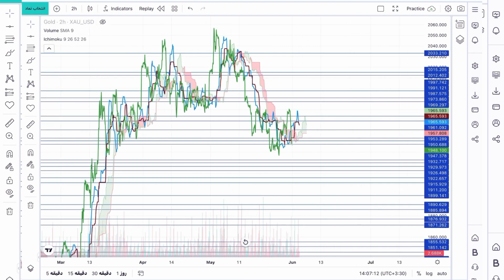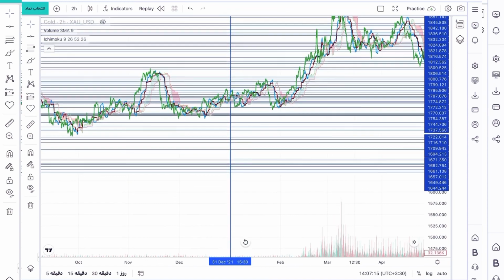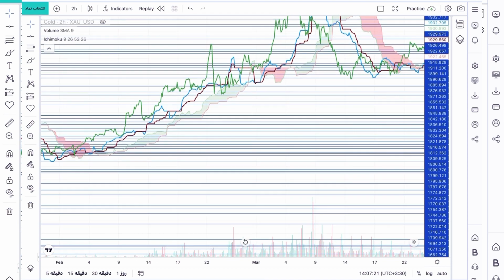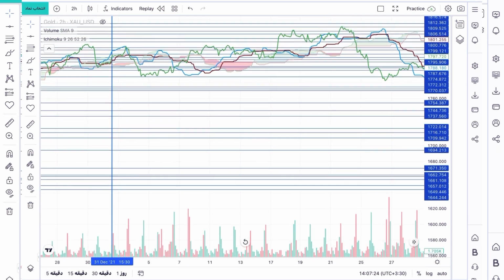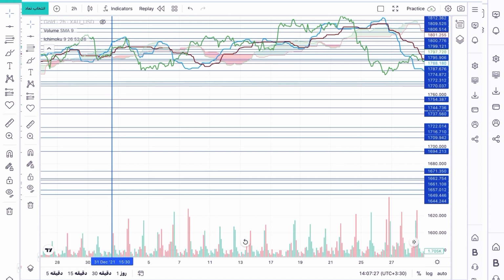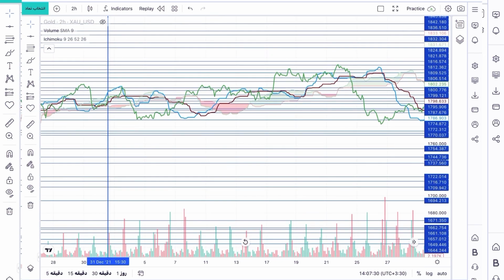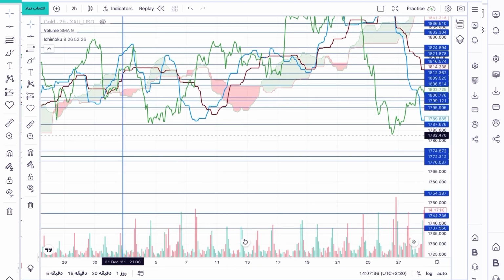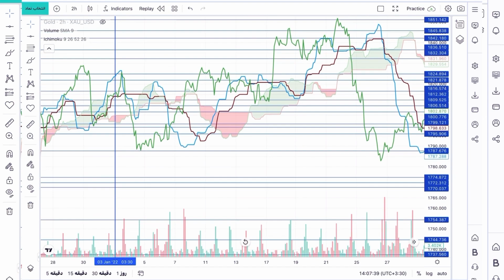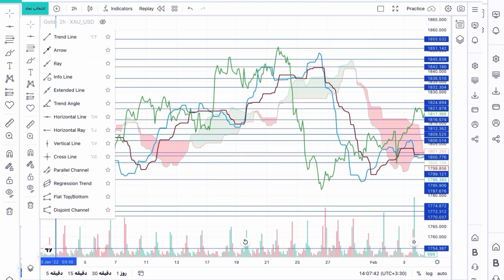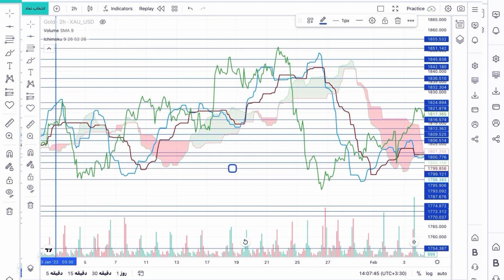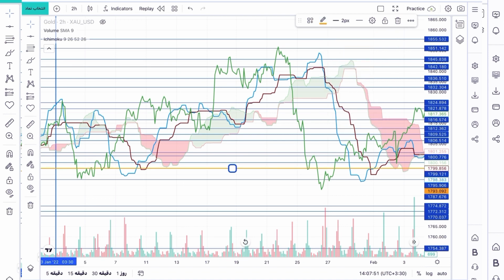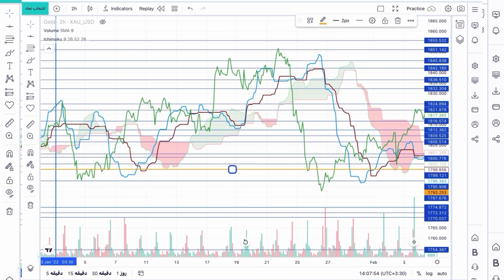So I am going to go back all the way to the vertical line that we put here, 2022, and we're going to start doing another round of static lines. Like this, so that I can recognize them.